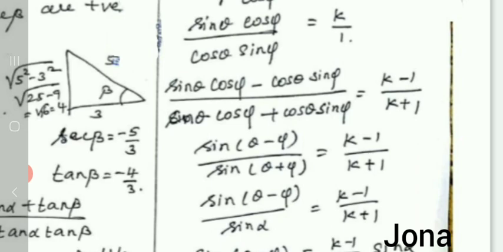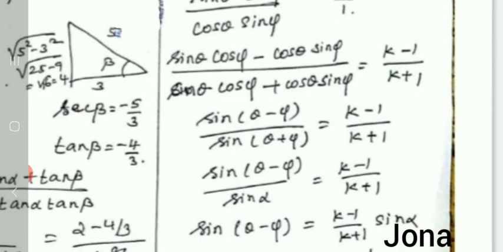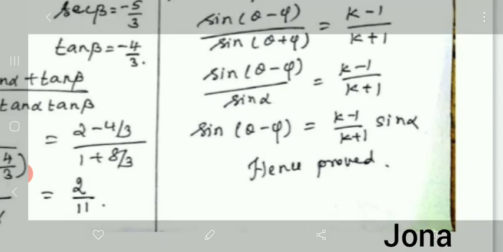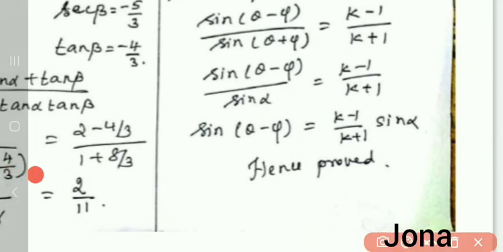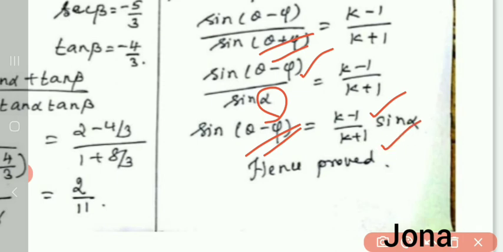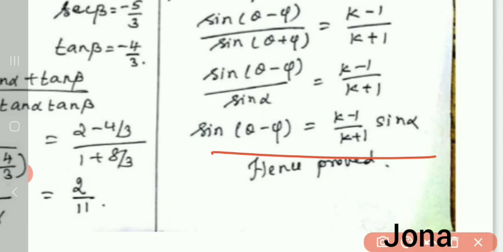And then that sin of theta plus phi is given as alpha. So I can substitute that in this. I got sin of theta minus phi as it is. Instead of this I can keep alpha, so that sin of theta minus phi equal to k minus 1 by k plus 1 into sin alpha. Just I cross multiplied here, so that I got the value as sin of theta minus phi equal to k minus 1 by k plus 1 into sin alpha.